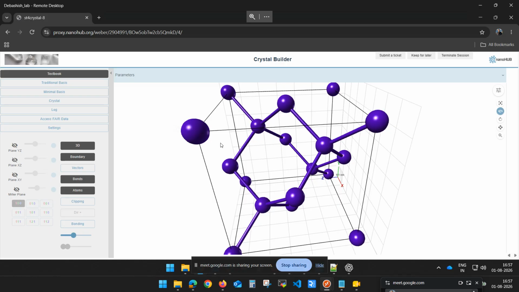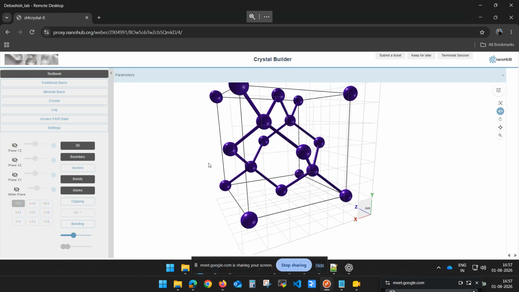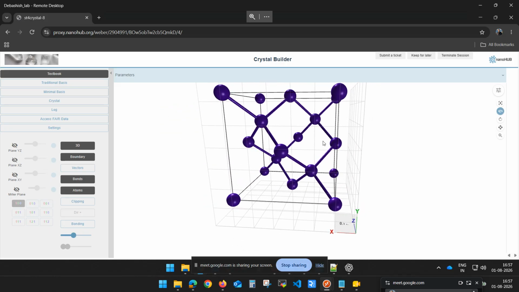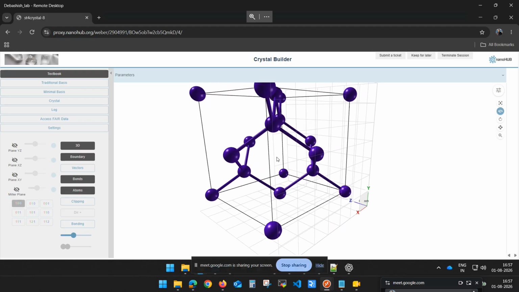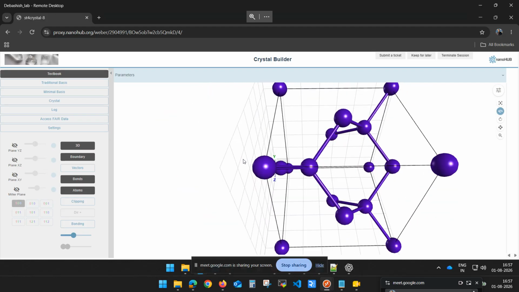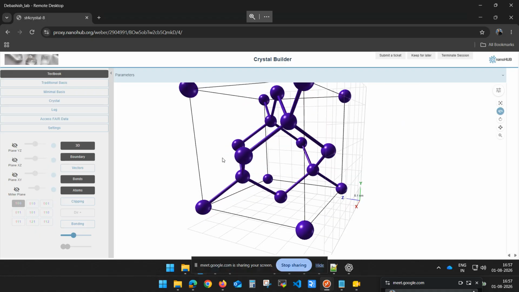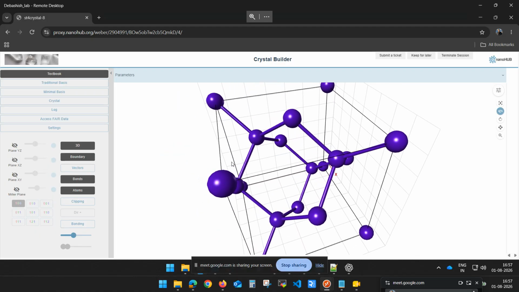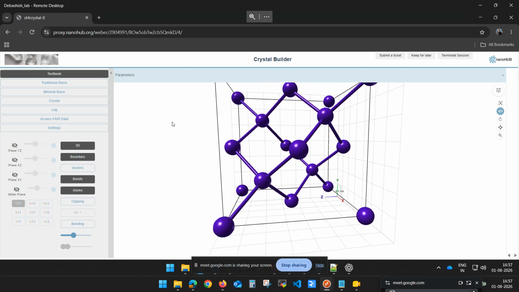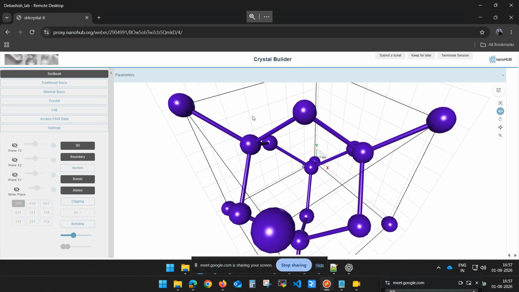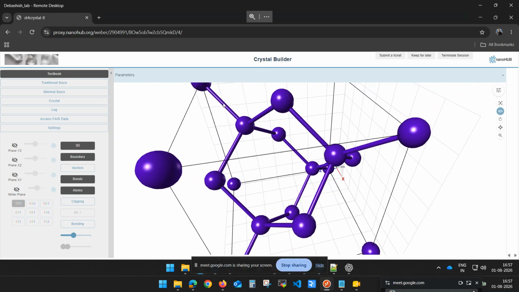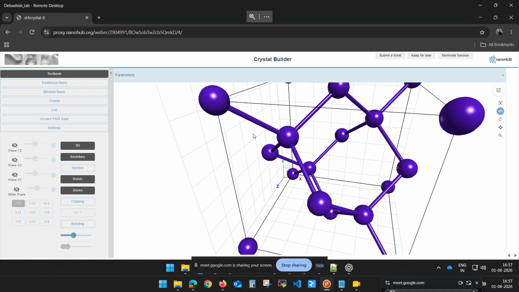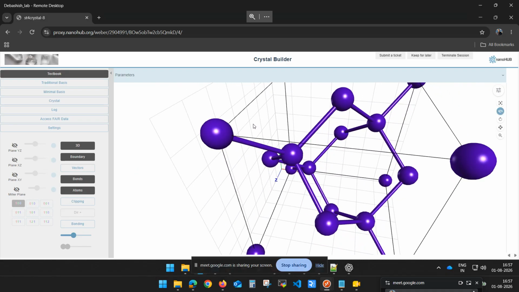It is a face-centered cubic, right? You can see that on each face I have one atom. However, I have 4 more atoms inside the silicon, which are at a distance of 1 by 4 of the body diagonal. And this is the particular bond that we are looking at.